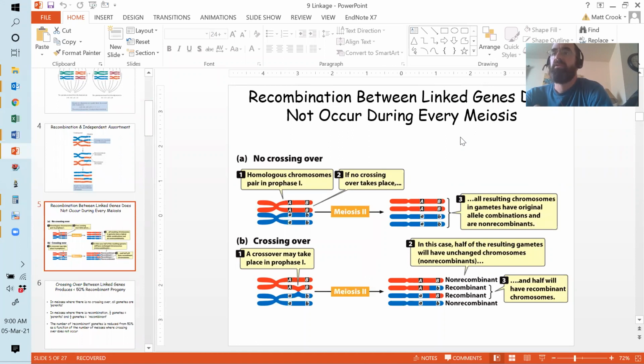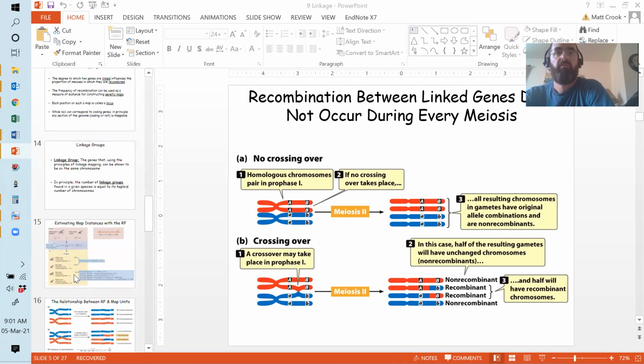Yeah, they're far away from each other. They're not linked, right? We can't tell how far away they are because you can't get above 50% recombination frequency. That's the hard ceiling, right? So whether they're twice as far away from each other or 4 times as far away, it doesn't matter. They're still going to have recombination occurring every time between them.